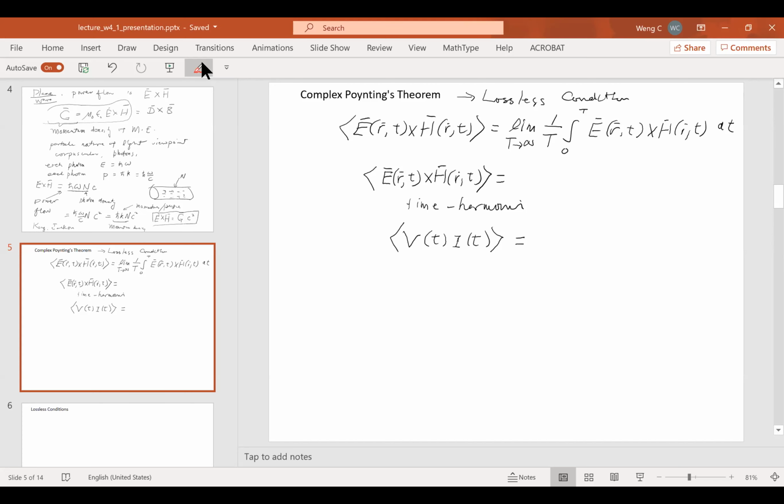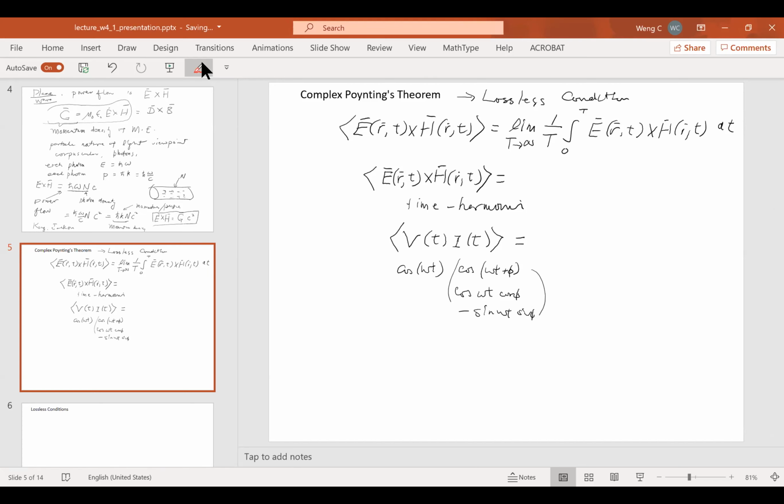Let's assume that the voltage goes as cosine of omega t. And the current is also sinusoidal, cosine of omega t plus phi. If you multiply this out, you will have two terms. The second factor is cosine omega t cosine phi minus sine of omega t sine of phi, right?